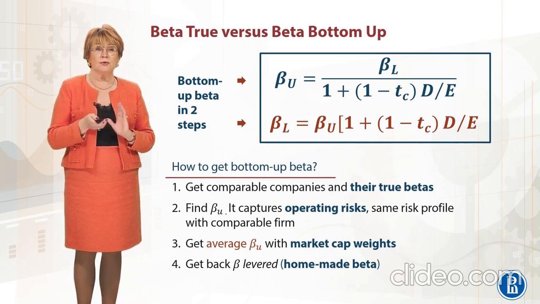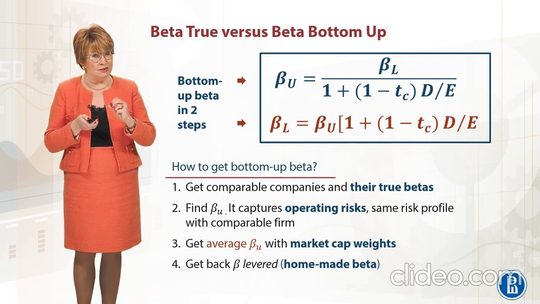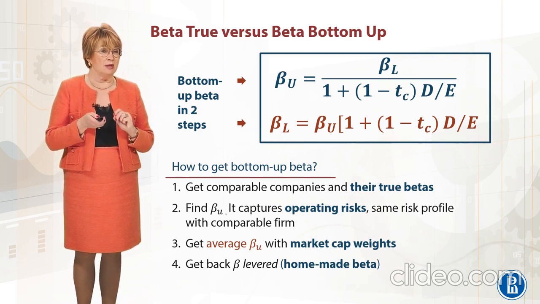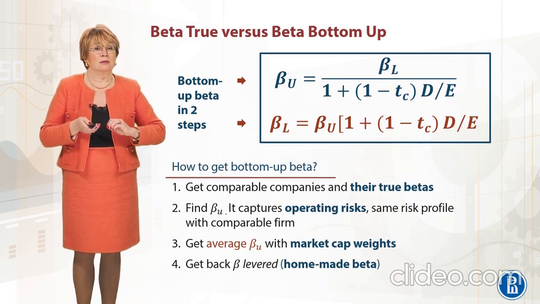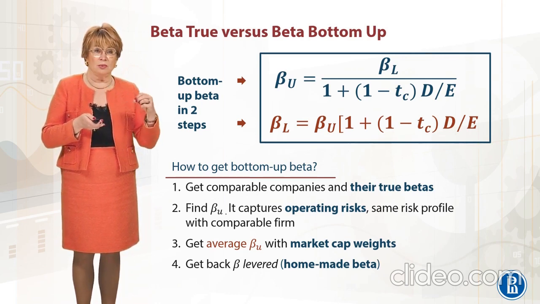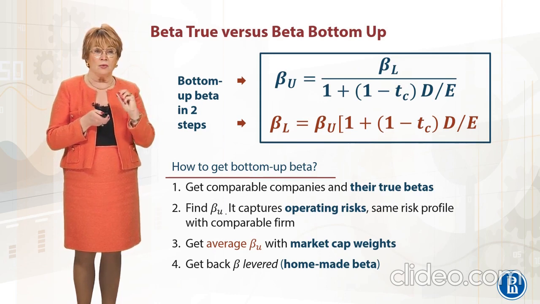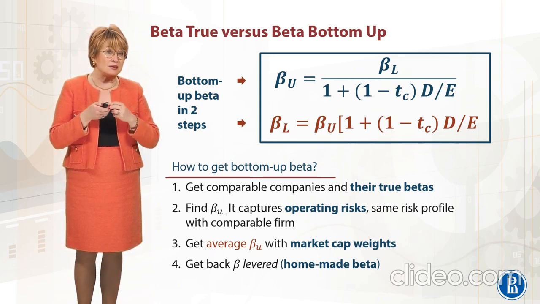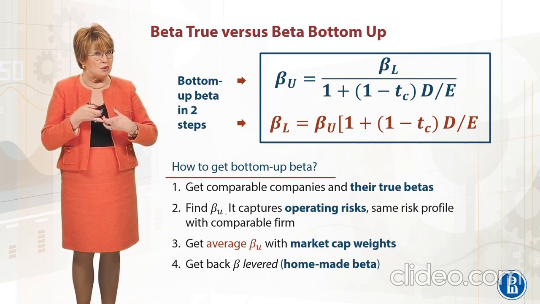So if we've got those comparable firms in some market, we can get their true betas. We then can unlever them and get their betas unlevered. That is step number 1 and step number 2. The step number 3 says, now we've got their betas unlevered, and that's why it's very important.